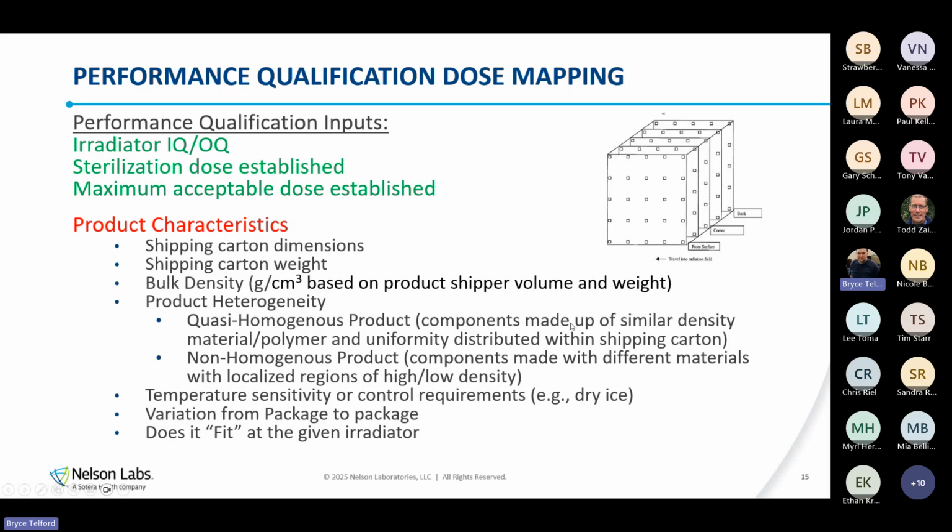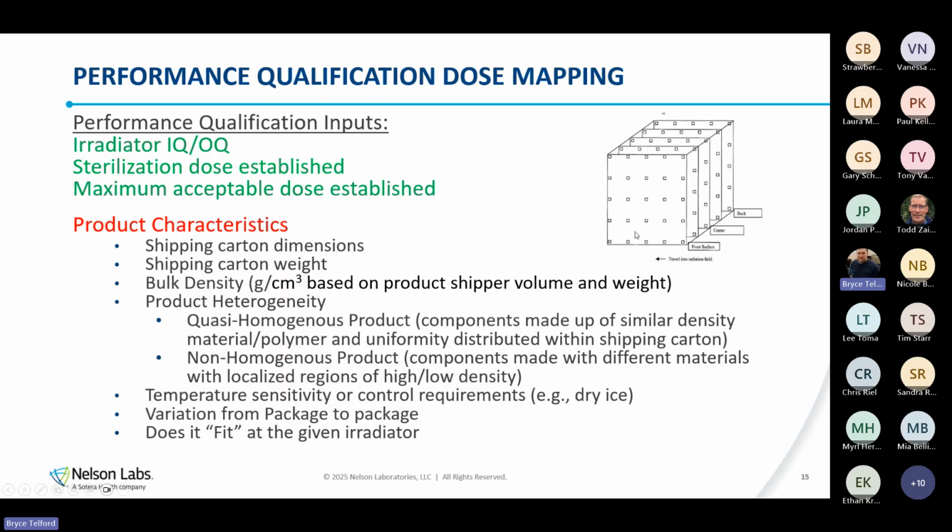Things that can affect our dose map are things such as carton dimensions and shipping carton weight, because that's going to determine our density. So how heterogeneous, words are hard sometimes, especially when you've been talking heterogeneity and homogeneous.